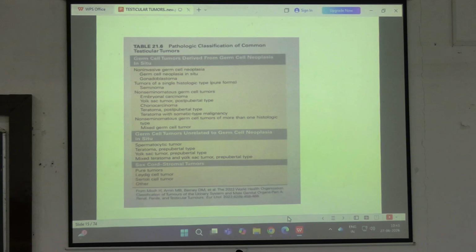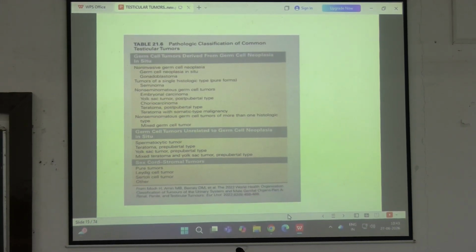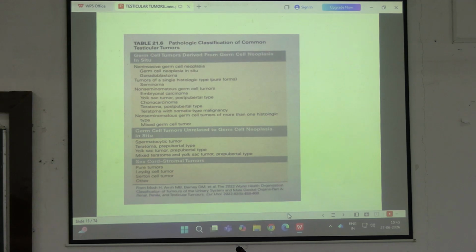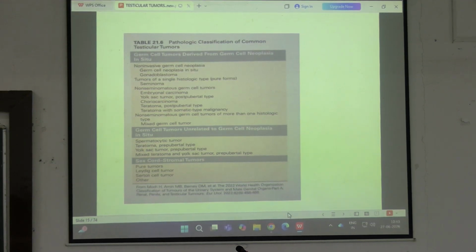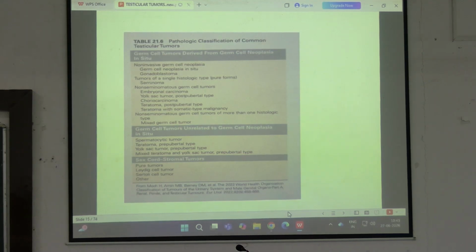The germ cell... in situ. Yes. When I say non-invasive, it has to be in situ, no? Therefore, it is not invasive, right? And gonadoblastoma. Okay. Simple.